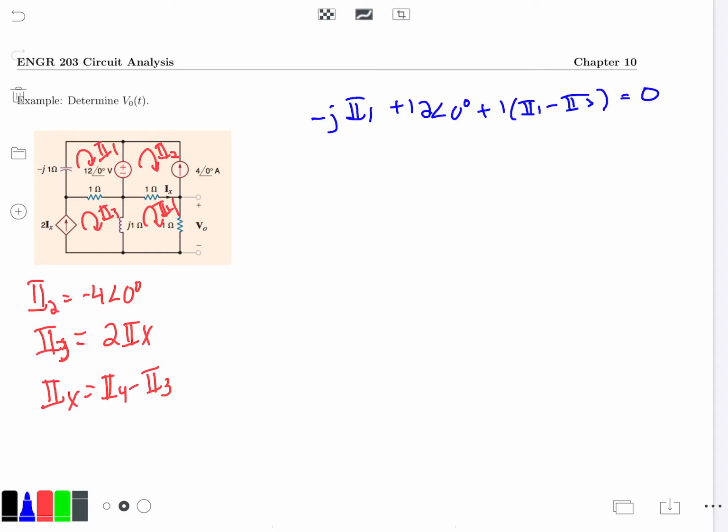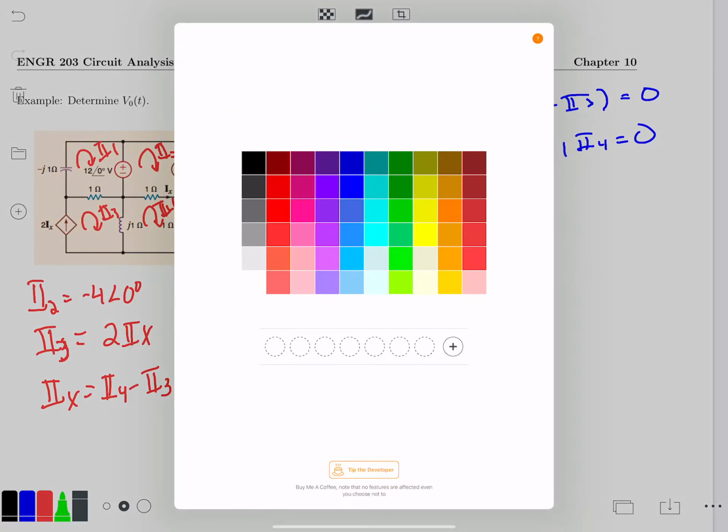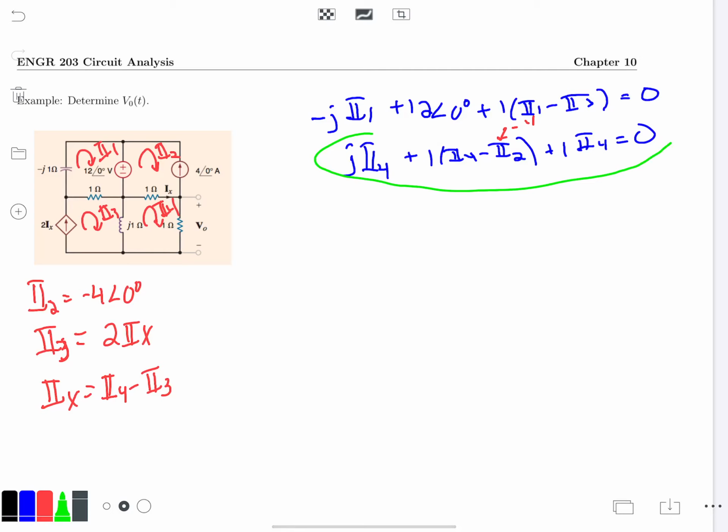And then for the fourth loop, I would have j I4 plus 1 times I4 minus I2 plus 1 times I4 equal to 0. And do remember that we know what I2 is. I2 is negative 4. And so that means, looking at just this equation right here, I'm going to be able to solve for I4.